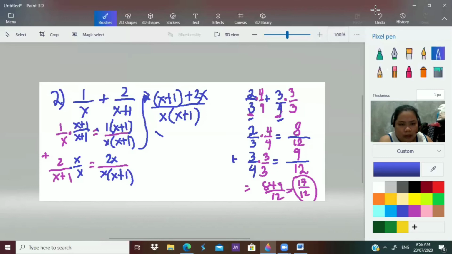So x plus 1 plus 2x over x times x plus 1. So kung mapapansin nyo, meron pa tayong similar terms dito. X raised to 1 tsaka 2x. So you have now 3x plus 1 all over x times x plus 1.